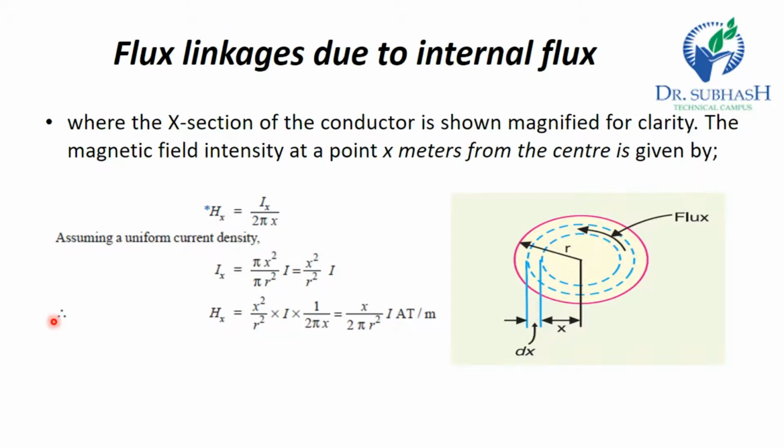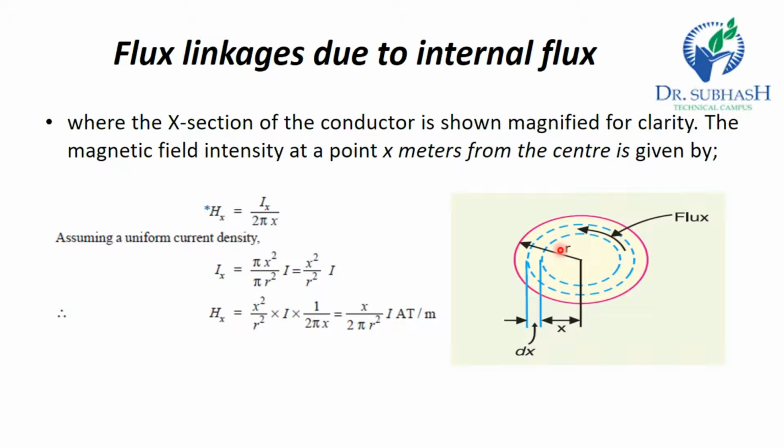we have to study the flux linkage due to internal flux and also the flux linkage due to external flux. Now, flux linkage due to internal flux. As we have seen in the figure, we have a cross section of the conductor. Here is a small part dx that we consider, which is x meters from the center of the conductor. The radius of the conductor is r. Here is the line of flux in the conductor.